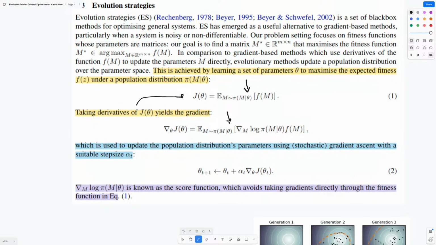But this is not an actual gradient, it's a natural gradient, because it comes from this quantity here, which is known as the score function, which avoids taking the gradient directly through the fitness function in equation 1.